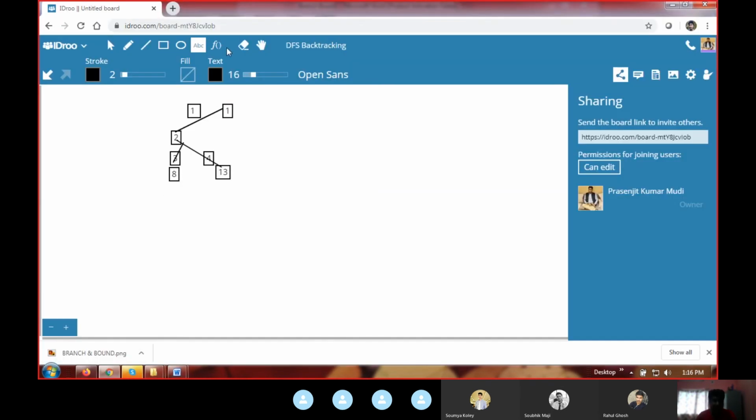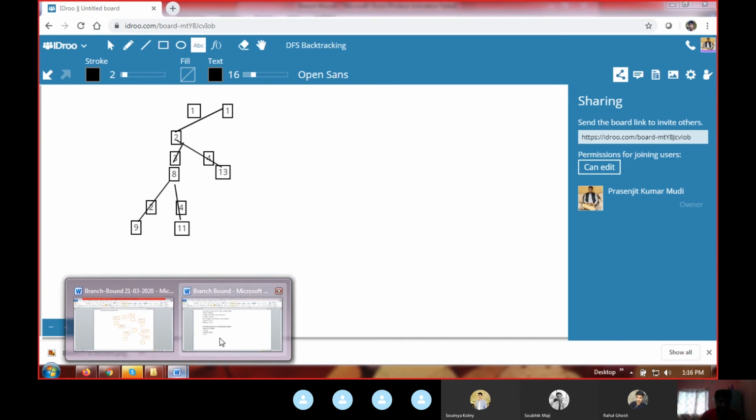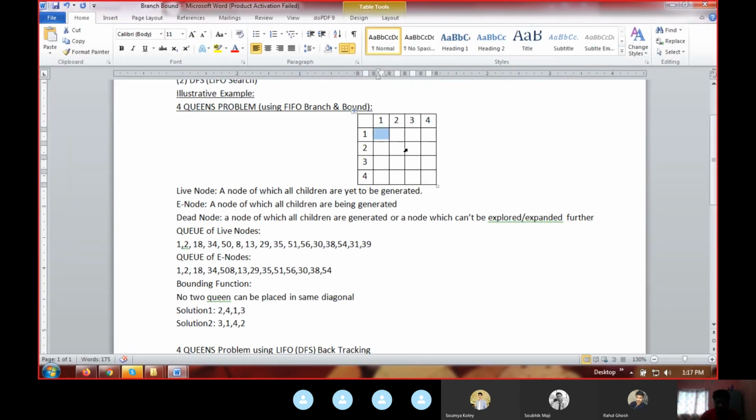If we try to explore this, we will come up to this one node, let's say 9, and this is node 11. These are the two possible children, corresponding to 1 3 2 and 1 3 4. You see, these are not possible nodes, because 1 3 2 violates the bounding function: 2 and 3 are diagonal.